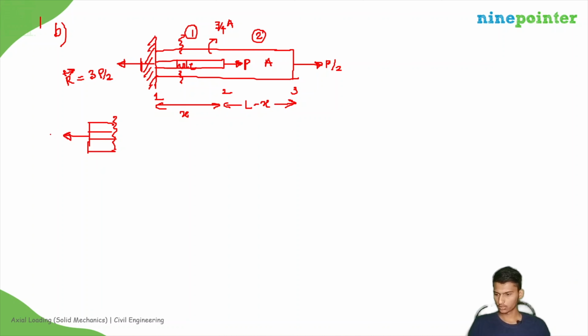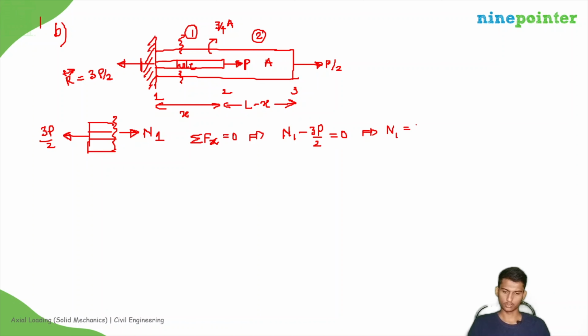Here there is force 3P by 2. We already know that tensile is positive, so away from the cross section is positive. That is N1, the internal normal force in segment 1. Applying sigma Fx equal to 0, it gives N1 minus 3P by 2 equal to 0. That is N1 is equal to 3P by 2.